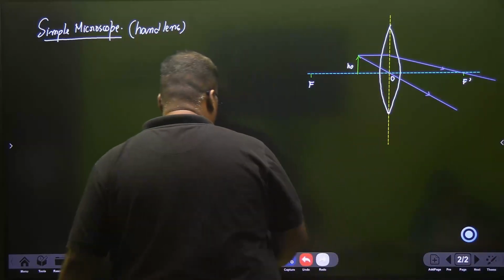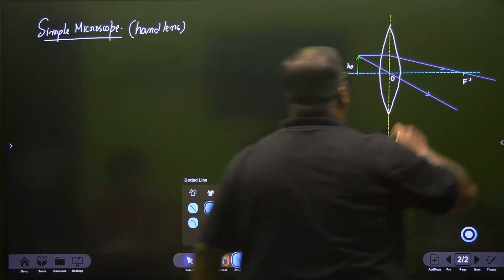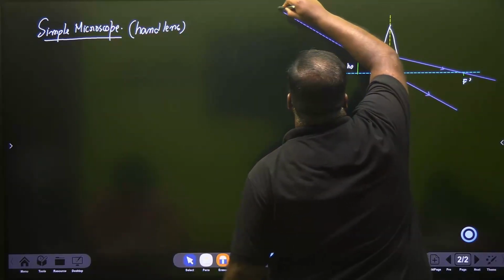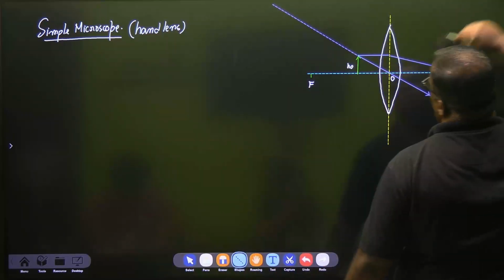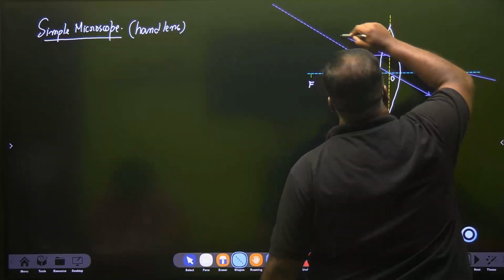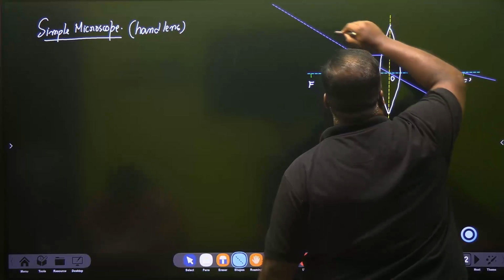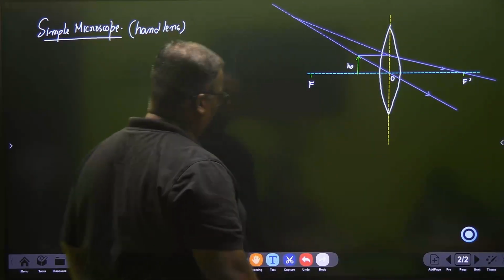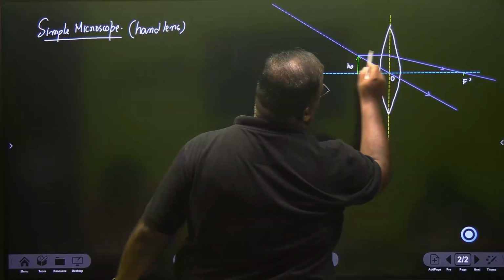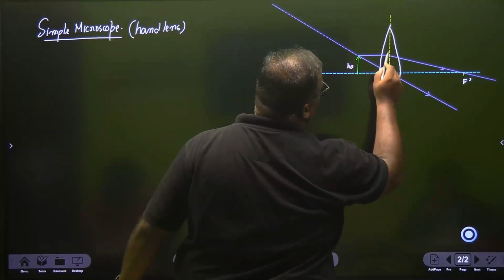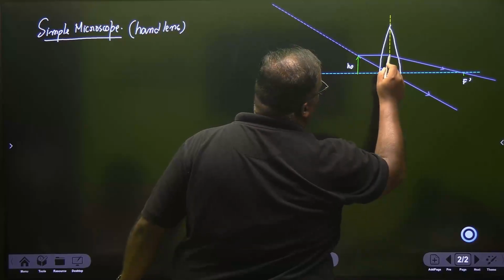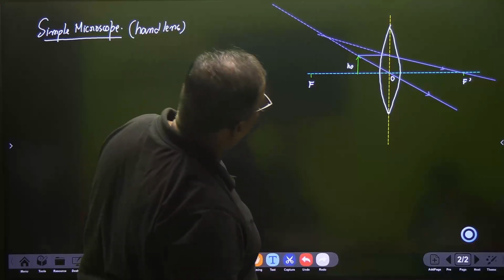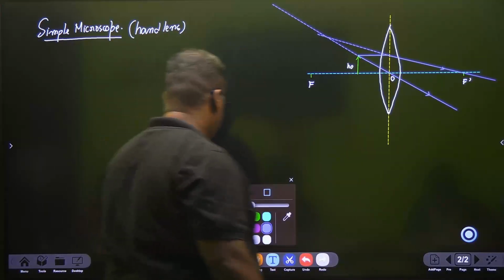So we extrapolate these rays, and I extrapolate this ray also.